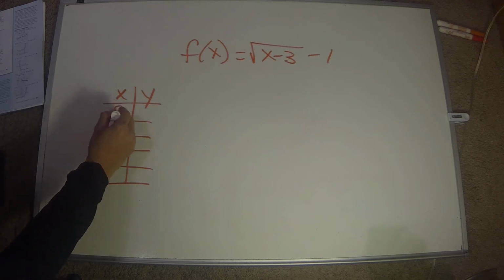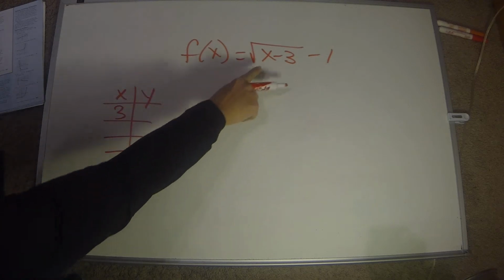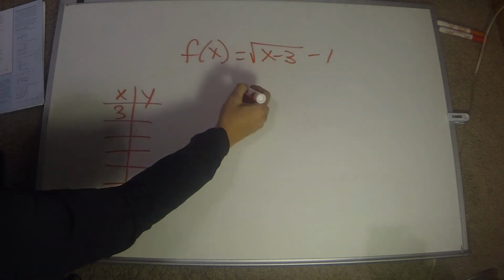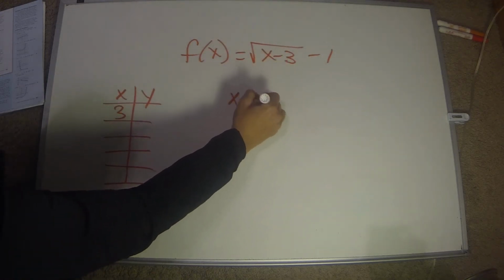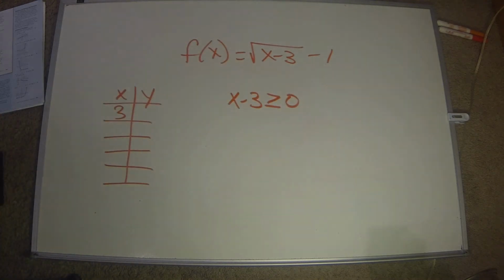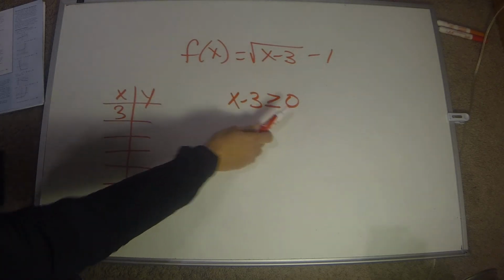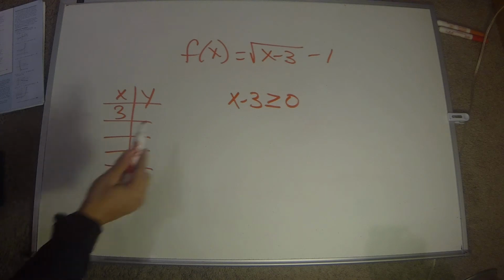So we'll use a 3 here. And one thing to help you determine what number to start with, remember, whatever's underneath the radical sign has to be a non-negative number, which 0 is not a negative or a positive. So we have to set whatever is underneath the radical sign greater than or equal to 0, and then solve for x.